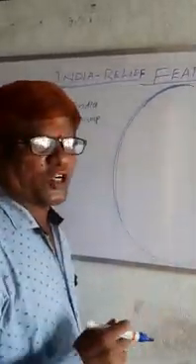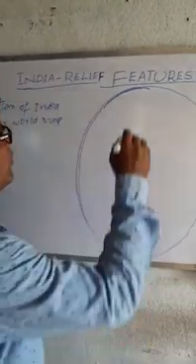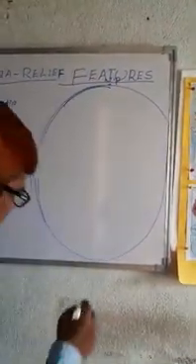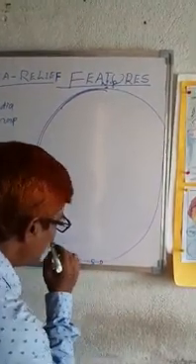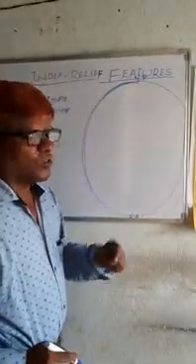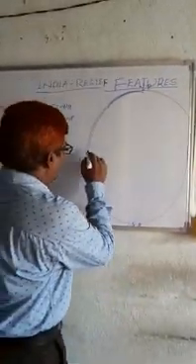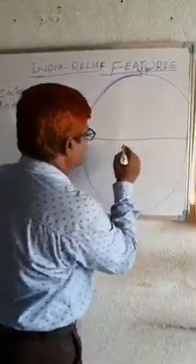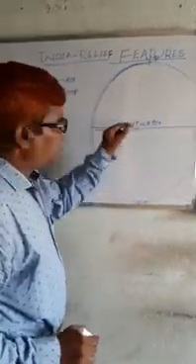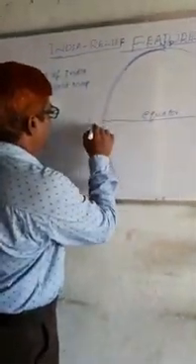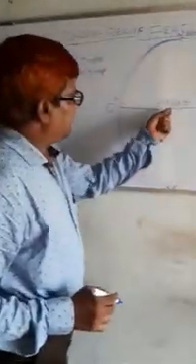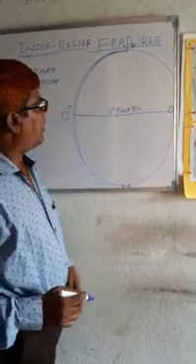There are two constant points on the globe: one is the North Pole, the second one is the South Pole. One initial line which is drawn in the middle of the earth is called the equator. Equator is located at 0 degrees. It divides the earth into two equal halves.